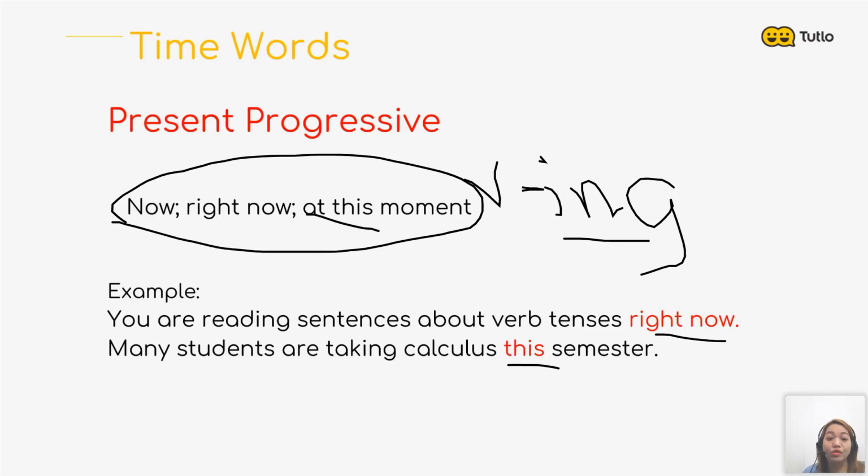So we can use the word this. It may not be like, at this moment of speaking, but as you can see, like we said earlier, there may not be a specific time word or expression in the sentence, but you will understand the context. It's talking about at this moment. Good? Okay.